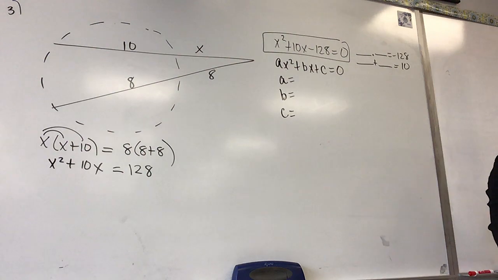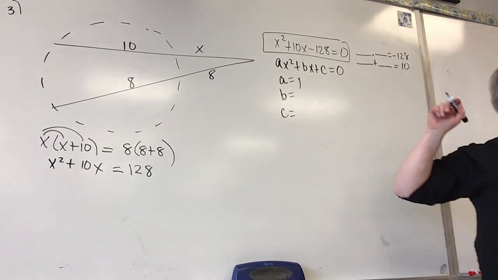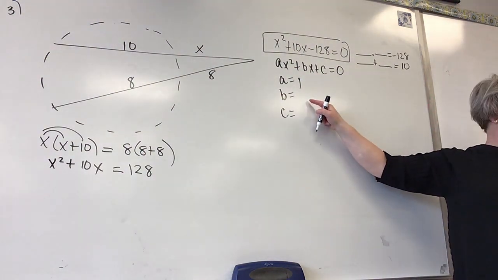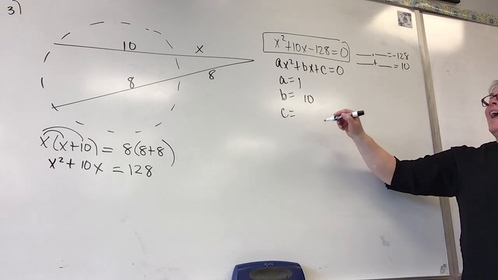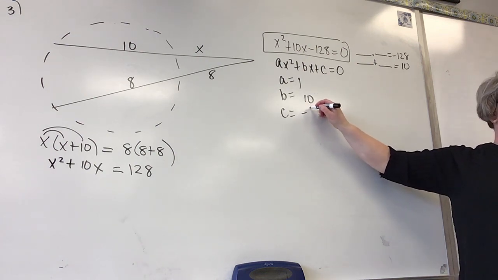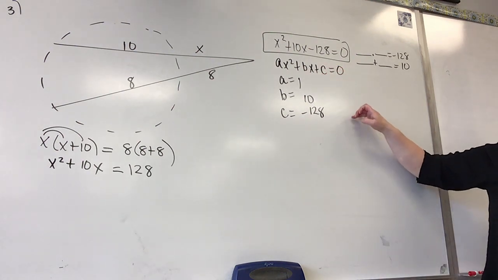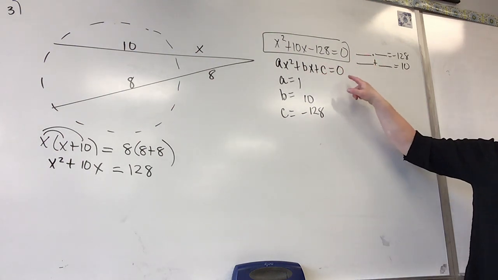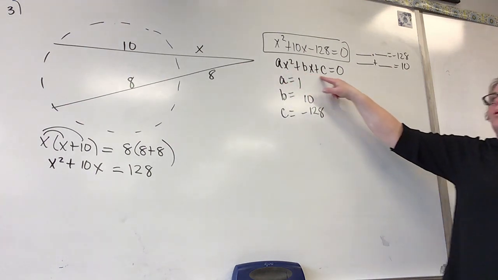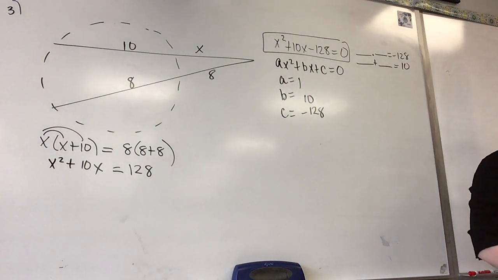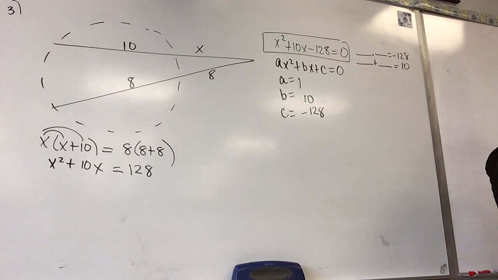What's a? 1, the number in front. B is going to be 10, and C is... okay, in order to find A, B, and C, the equation has to be set equal to 0 and put in proper descending form. Does that make sense? You have to start with the square, then the x to the 1, and then nothing.